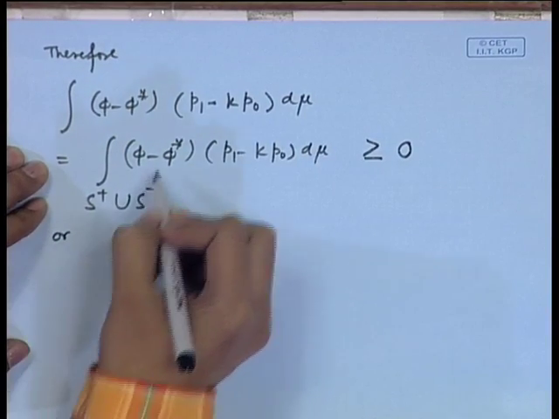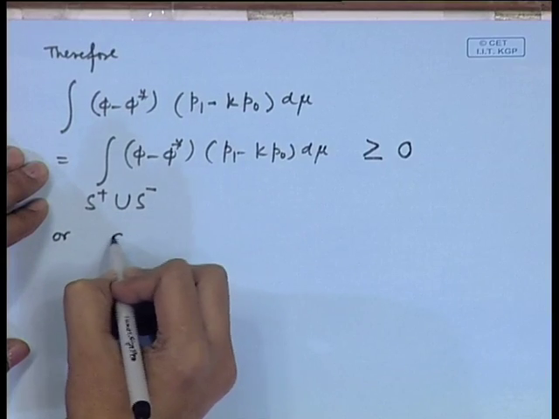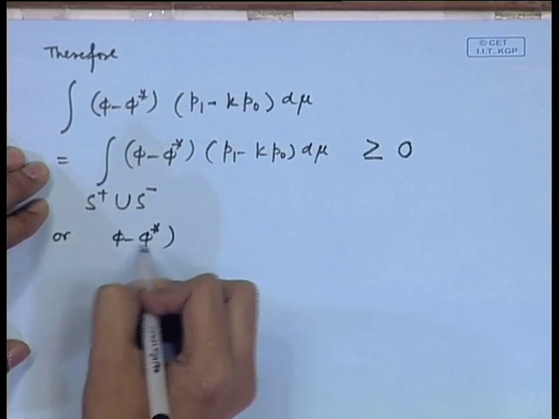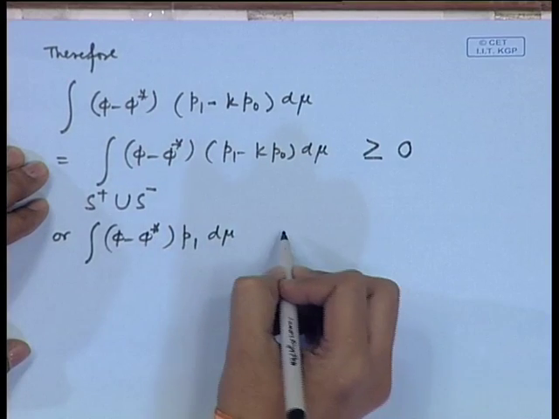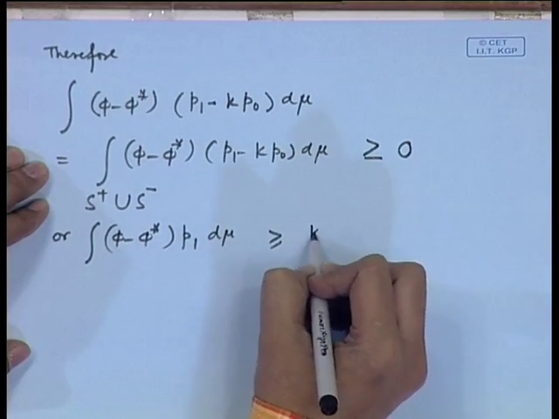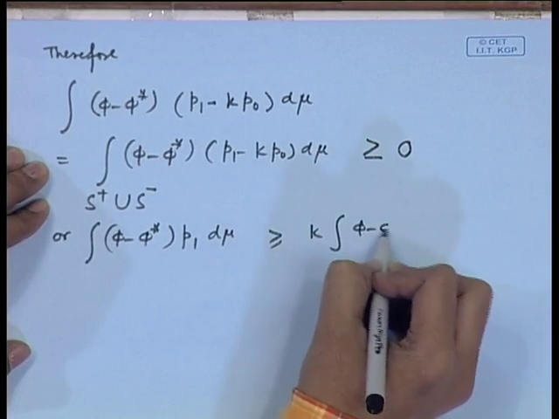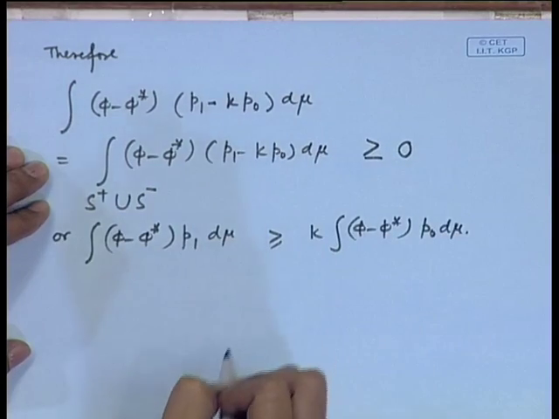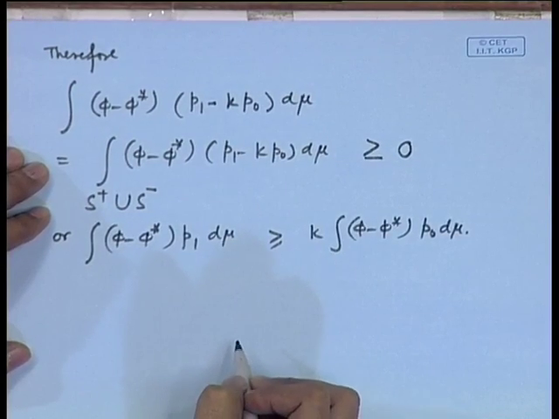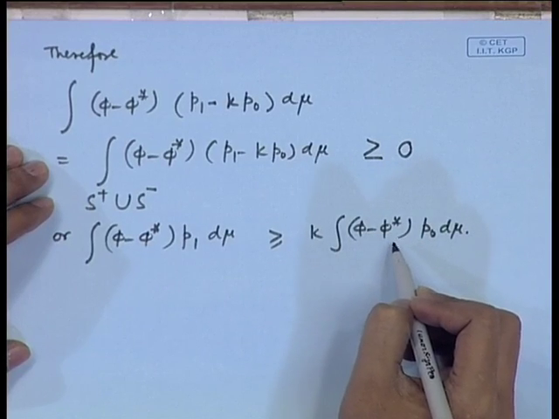So, this we can simplify, we can write it as the integral of phi minus phi star into p 1 d mu is greater than or equal to k times the integral of phi minus phi star p naught d mu. Now, look at the right hand side.